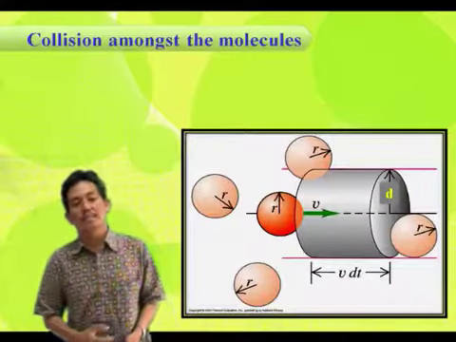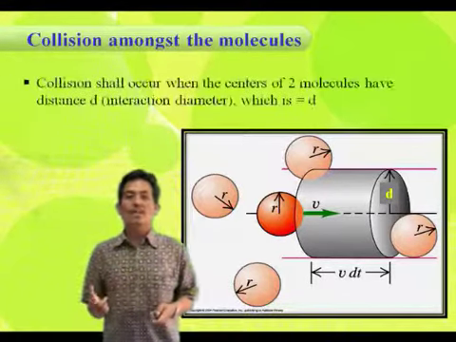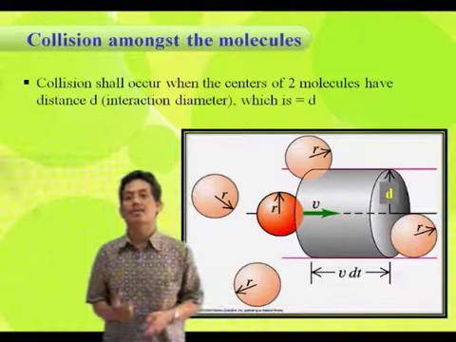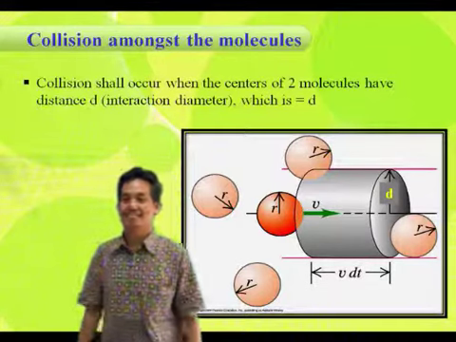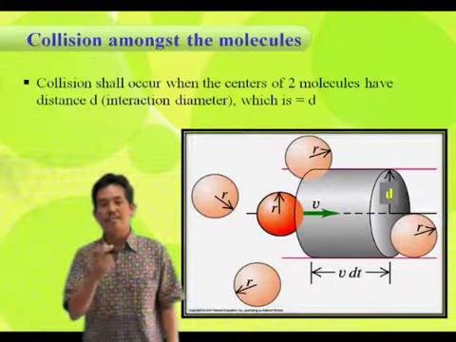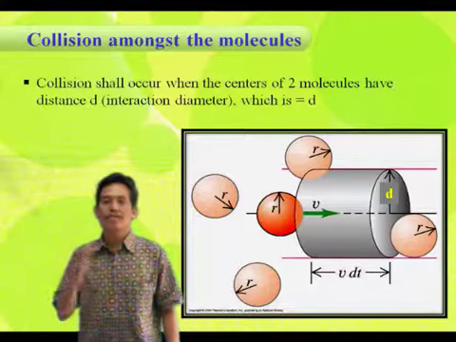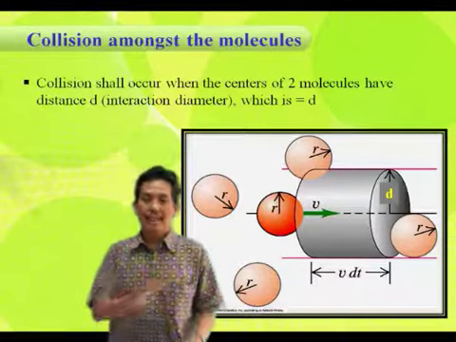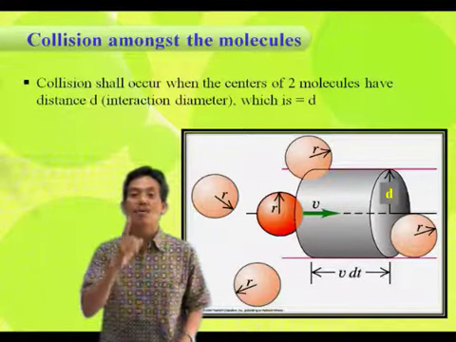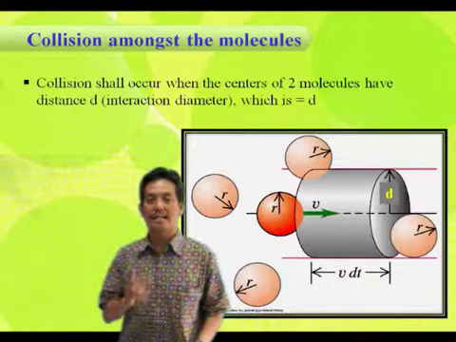Next, we learn about the collision amongst the molecules. Collision of the molecules can happen when the centers of two molecules have the distance d. Now imagine, to calculate the frequency of collision of the molecules, we have to assume that in the container only one molecule moves, and the others just stay on the spot.